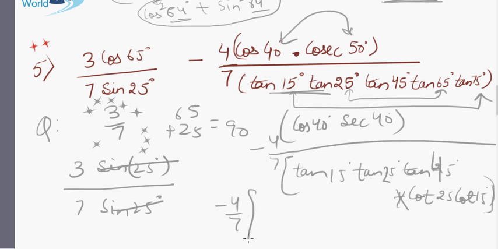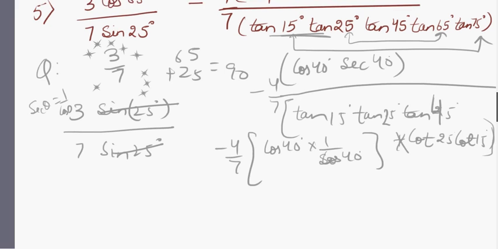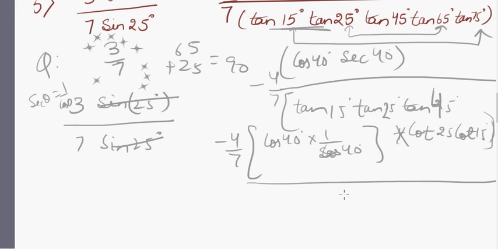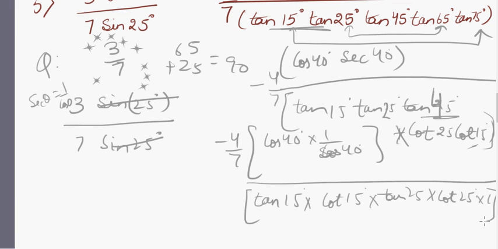So minus 4/7 is common. In the numerator, see secant theta is 1/cos theta. So here it will be cos 40 degree into 1/cos 40 degree, because secant theta is the reciprocal of cos theta. In the denominator, we have tangent 15 degree into cotangent 15 degree into tangent 25 degree into cotangent 25 degree, and tangent 45 degree is nothing but 1.